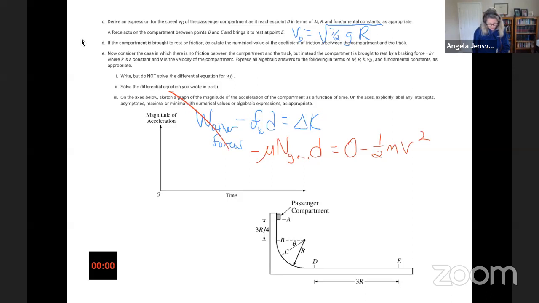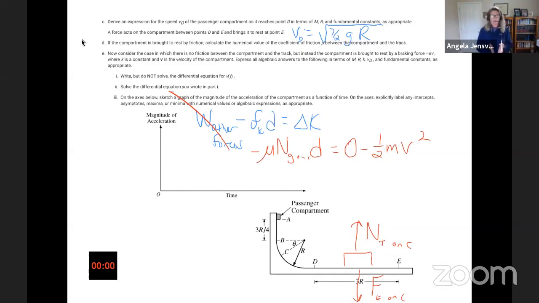Let's just draw the block here. And you've got normal of the, I called it ground, on the compartment. And then we have force of the earth on the compartment. Okay. I know you want to just put normal as mg. I know you want to do that, but it's really important that you draw a force diagram to understand the value of the normal force.